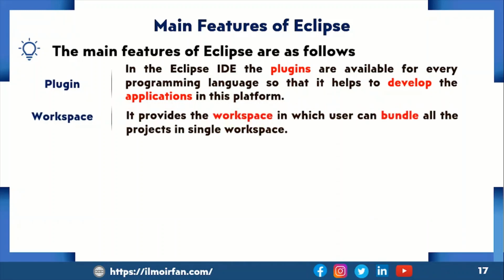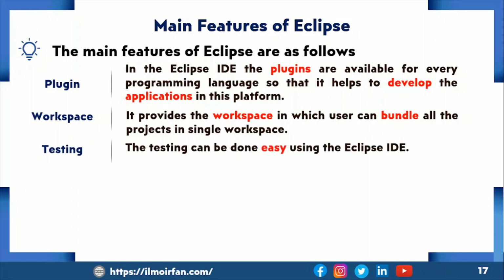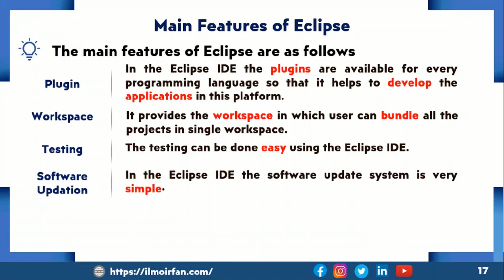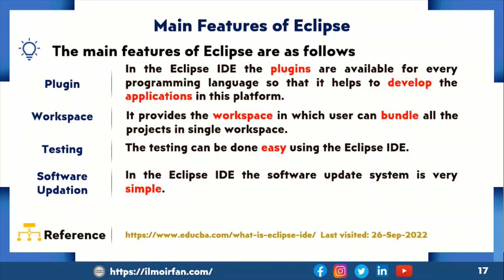It provides the workspace in which the user can bundle all the projects in a single workspace. Number three is testing. The testing can be done easily using the Eclipse IDE. And number four is software updation. In the Eclipse IDE, the software update system is very simple.